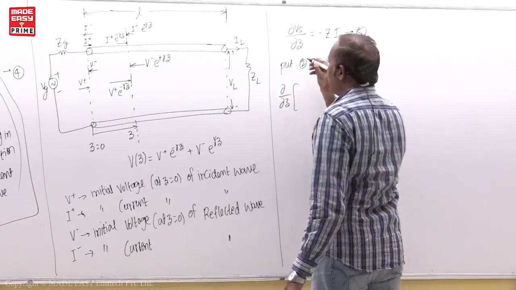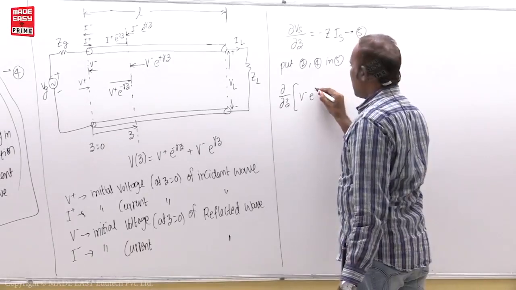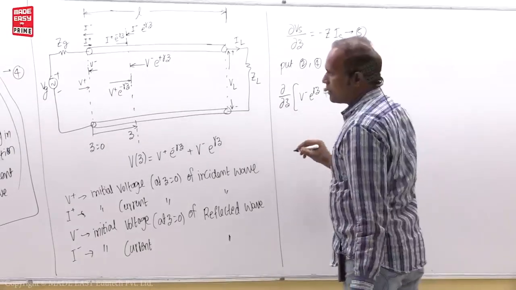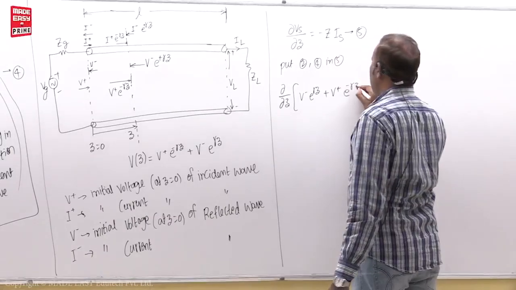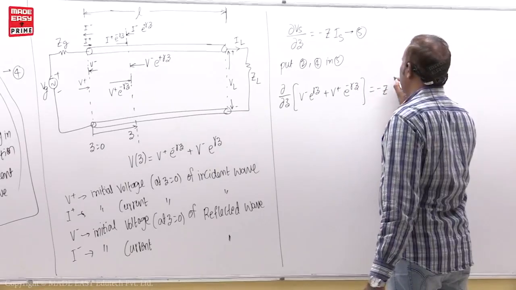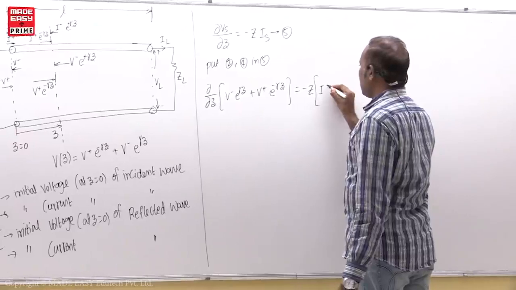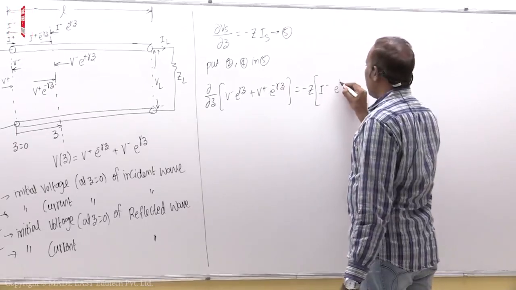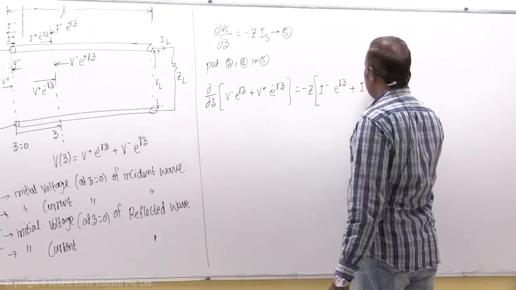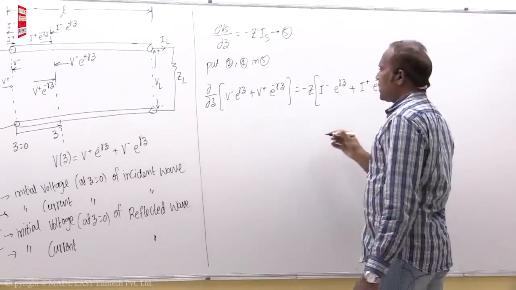So dou by dou z of Vs, which is V minus e power gamma z plus V plus e power minus gamma z, is equal to minus Z into Is, which is I minus e power gamma z plus I plus e power minus gamma z.